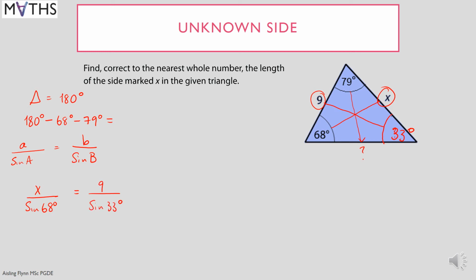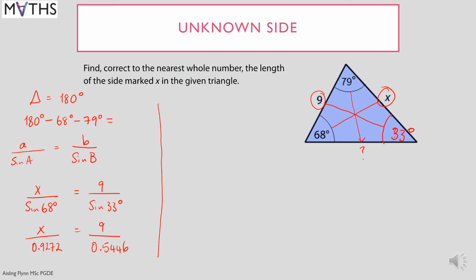We can evaluate the sines if we wish. So sine of 68 is 0.9272. Sine of 33 is 0.5446.